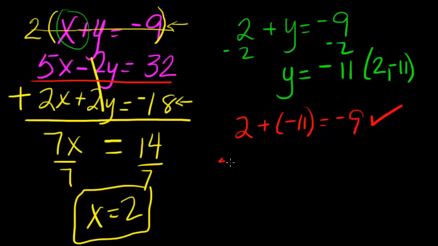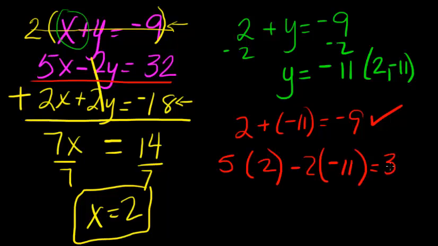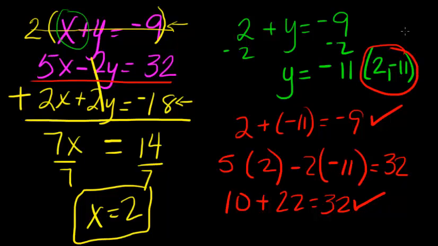So I'm going to say 5 times 2, I'm substituting in my x value, minus 2 times negative 11 equals 32. So I get 10. This is a positive. Negative 2 times negative 11 is positive 22 equals 32. And as you can see, this ordered pair makes both of our equations true.